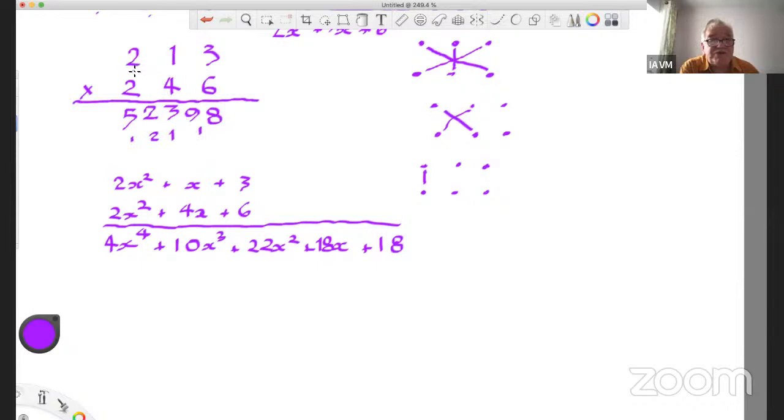But if we were to do this multiplication without adding in the carry digits, you would have 18, and then 6 add 12, 18, 22, 10, and 4. It's only when we add in the carry digits that we get the 5, the 2, the 3, the 9, and the 8.